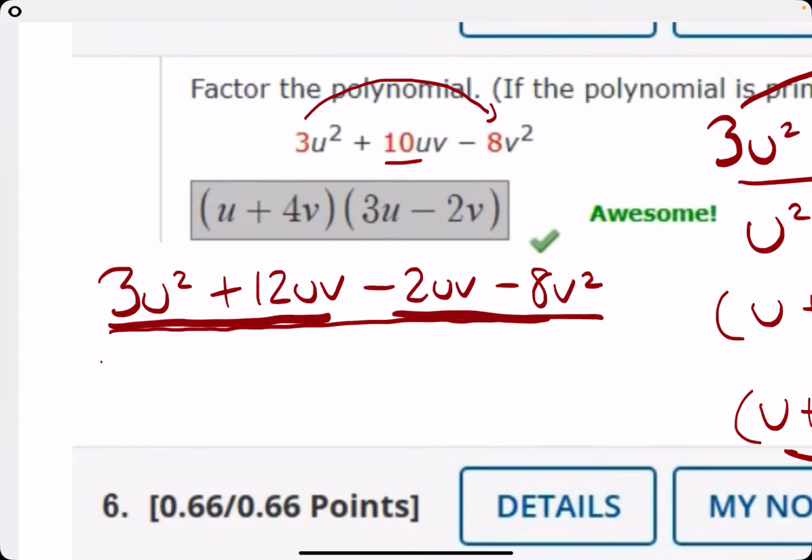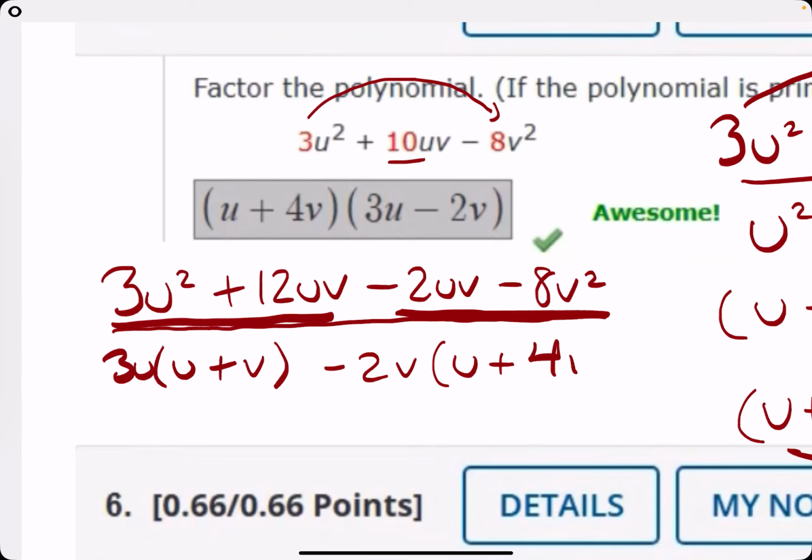So first 2 terms, you'd get 3u factored out, leaving you with u plus v. Second 2 terms, you can factor out a greatest common factor of minus 2v, leaving you with a u plus, is that 4? Oh, sorry, I missed a 4v on the first part. That was my bad. It's a train wreck.